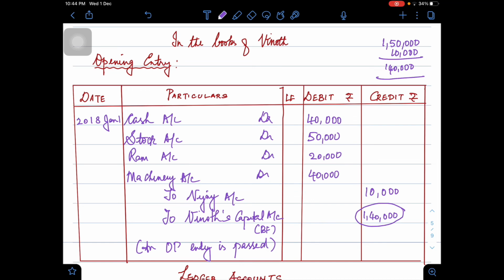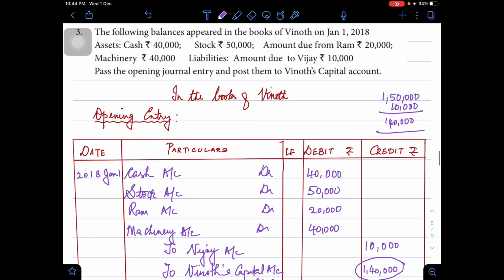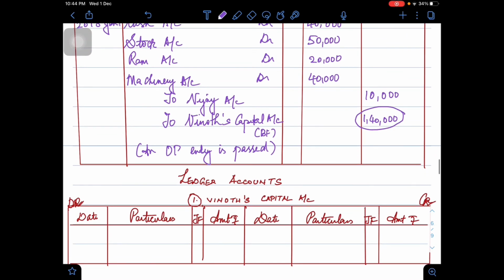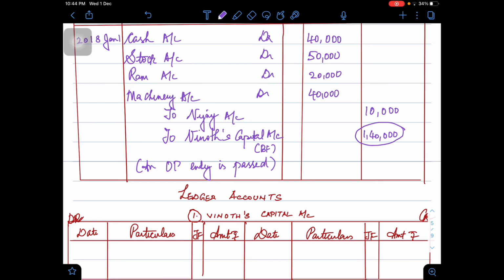The problem says to prepare now the ledger for Vinod's capital. So I have opened the ledger for Vinod capital. If Vinod is appearing on the credit side, the opposite items, all these, are on the debit side.